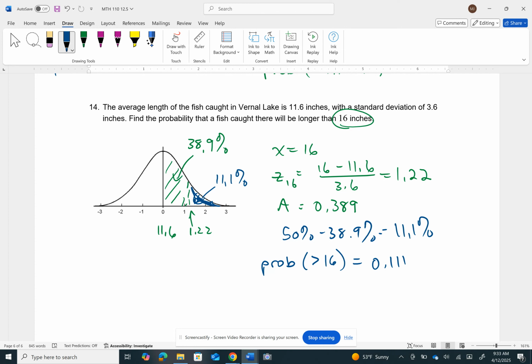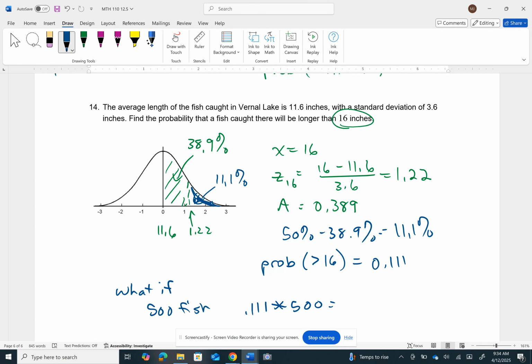All right, now just remember, it might have said, what if we took a sample of fish from the lake, what if we had something like 500 fish in our sample, and we want to know how many of those fish we'd expect to be more than 16 inches, then we would take 11.1% of the 500, and we would work that out.